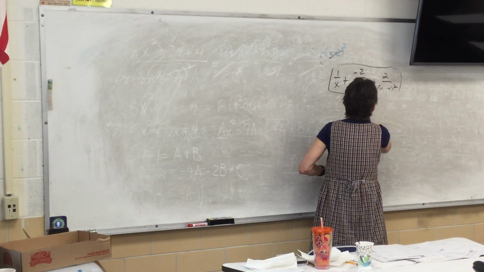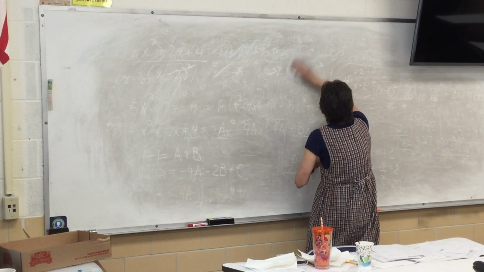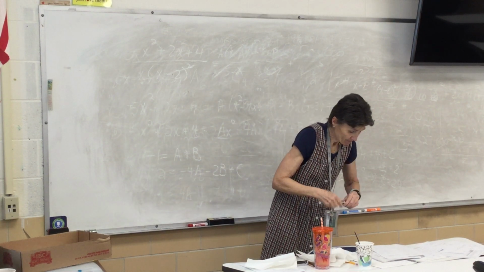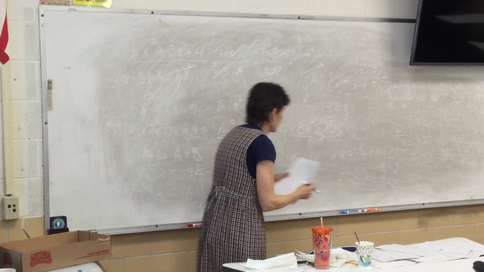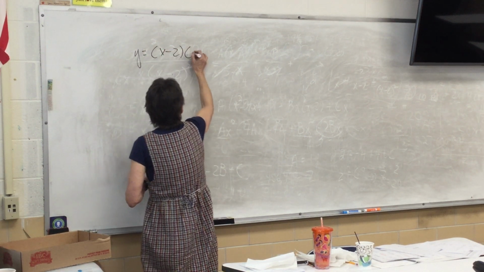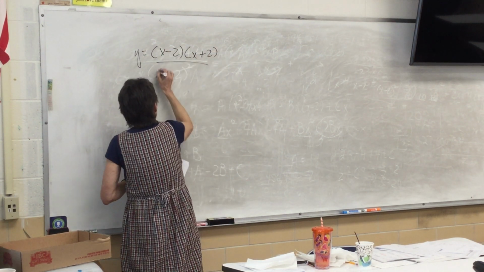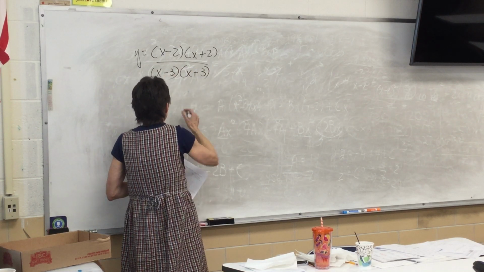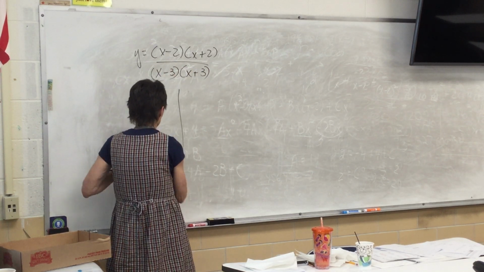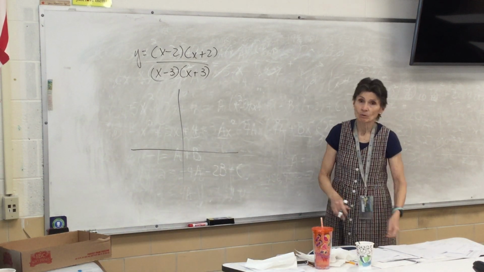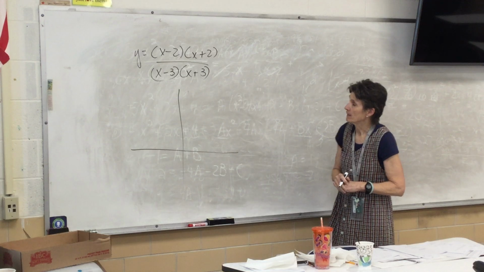First thing we do is factor everything that will factor. So looking at problem 3A, looks like I can factor it as the difference of squares. And nothing cancels, which simply means this problem will have no holes. And that's okay. If nothing cancels, we have no holes, move on.